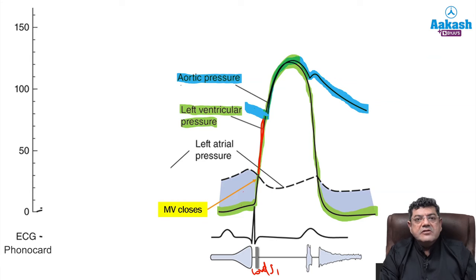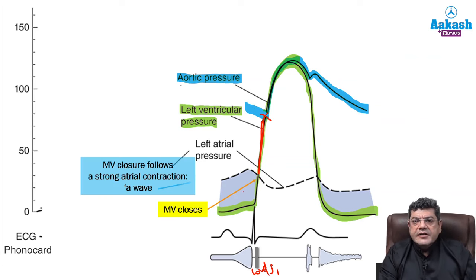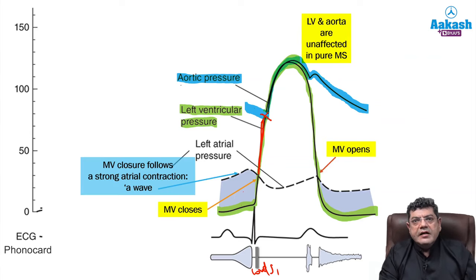Because the mitral valve is closed, the aortic valve hasn't yet opened. The aortic valve opens when the ventricular pressure is higher than aortic pressure. So that happens here. Of course, the left ventricle and the aorta are unaffected in pure isolated MS. So after that, the mitral valve opens right here, and it opens early.